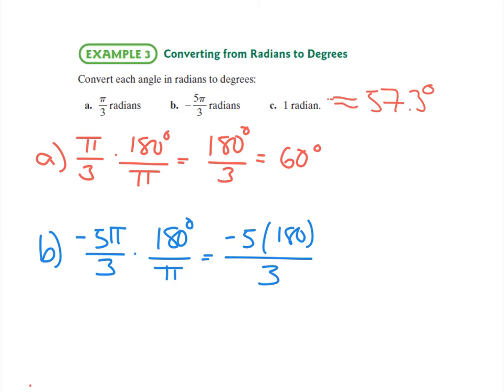So typically here, people will multiply the 5 and the 180 together, but I don't think that's the easiest method. I think the easiest method is doing this division first and then multiplying that result by 5. So here, we're going to have negative 5 times 60 degrees, which is equal to negative 300 degrees.